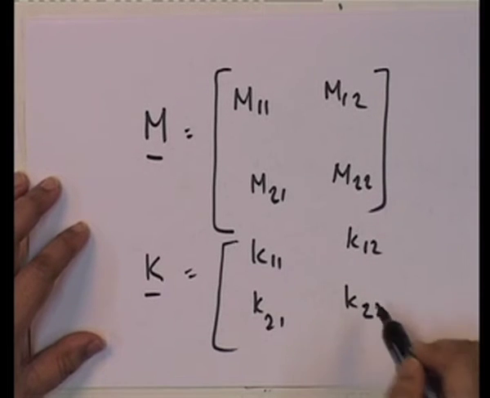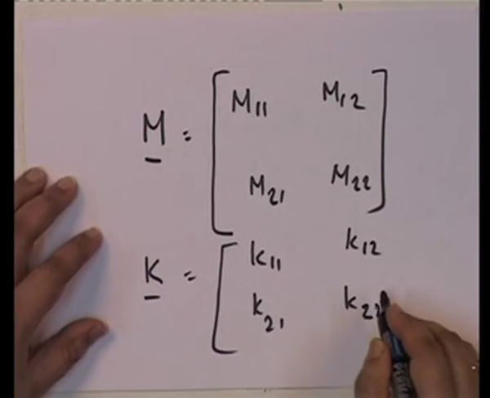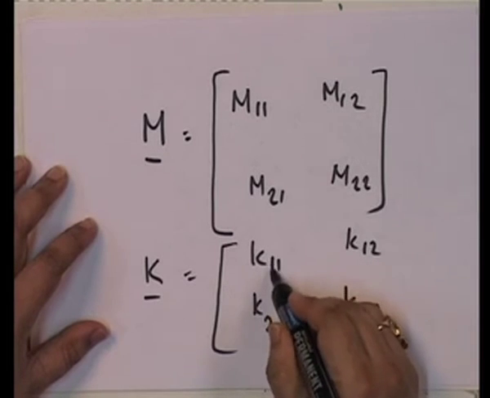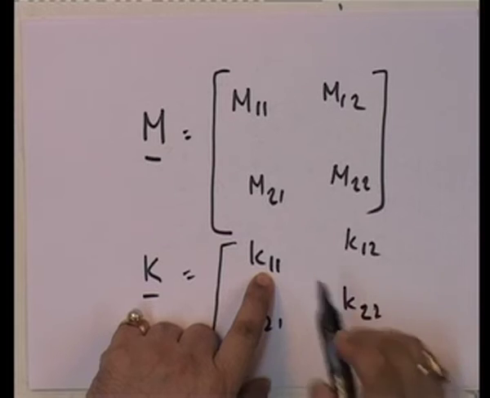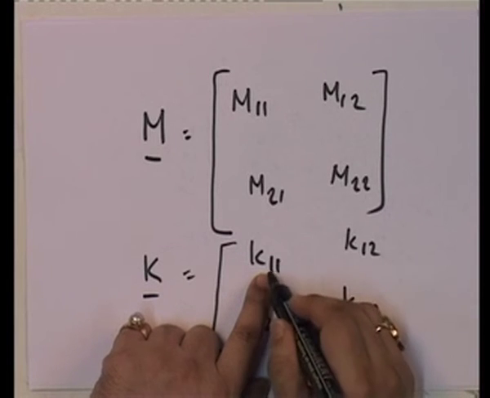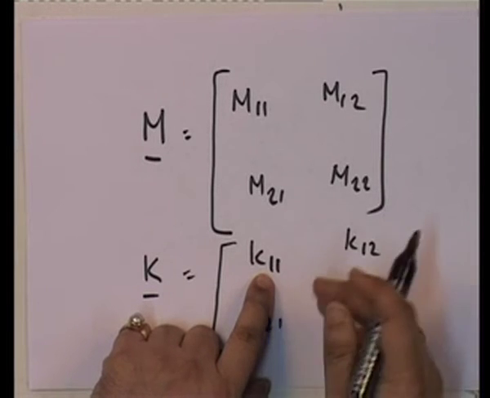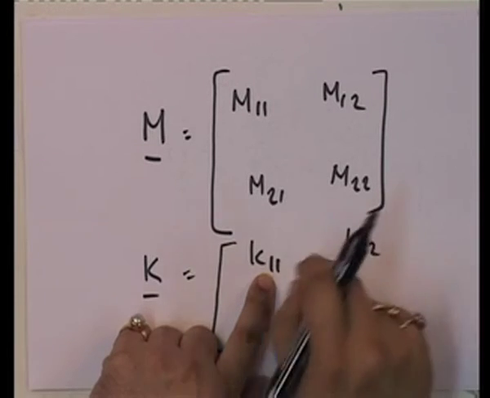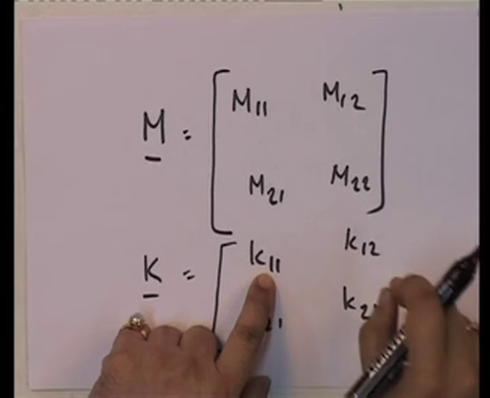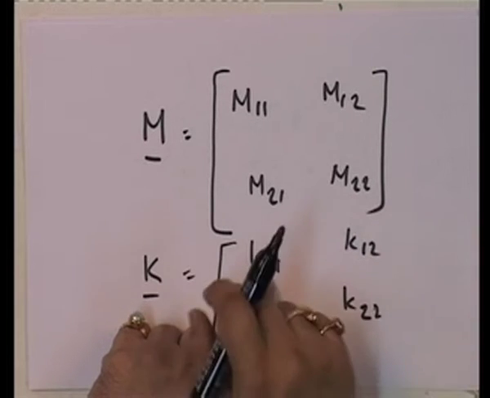what do these define? If you look at this, this definition says, let us look at K11. It is the force corresponding to degree 1 if you apply a displacement equal to 1 corresponding to degree 1.